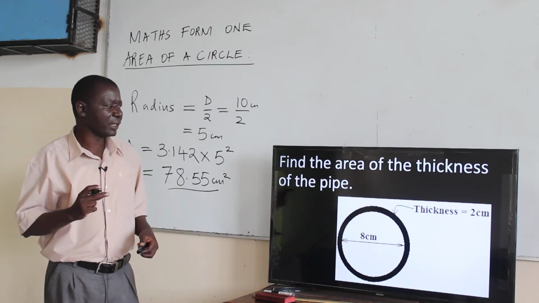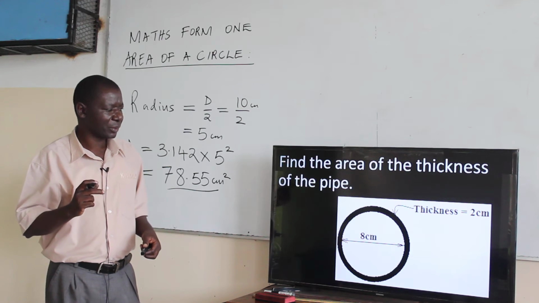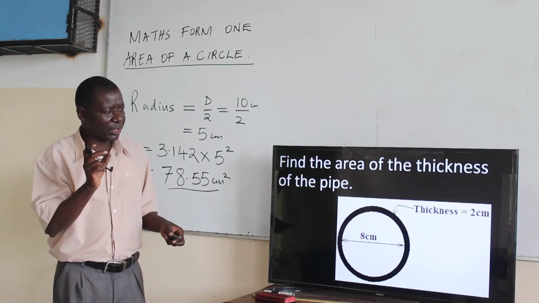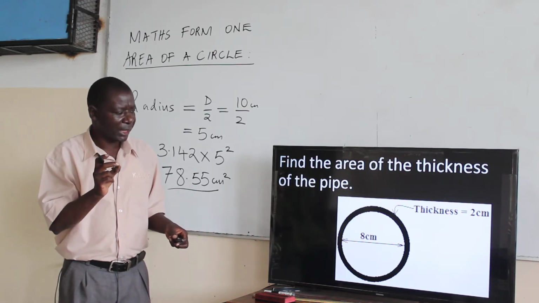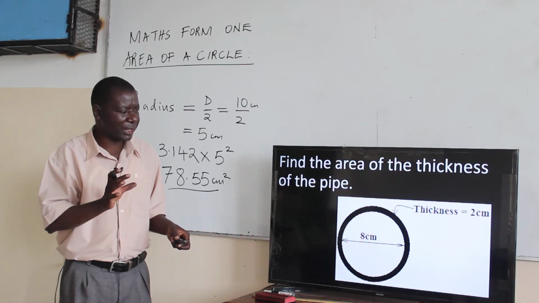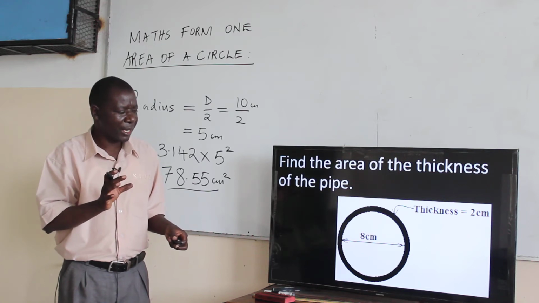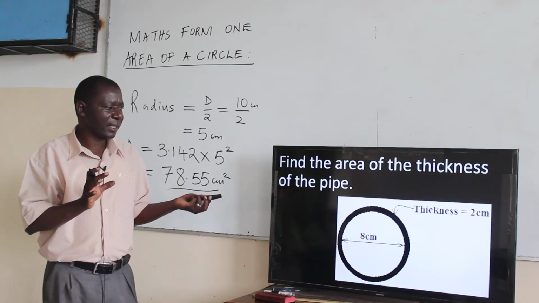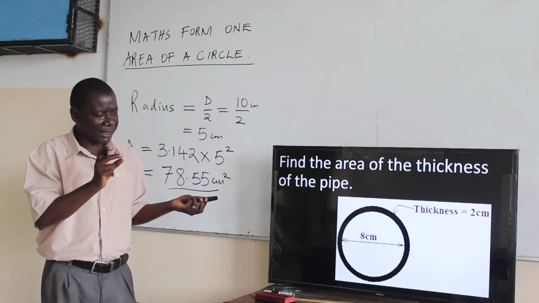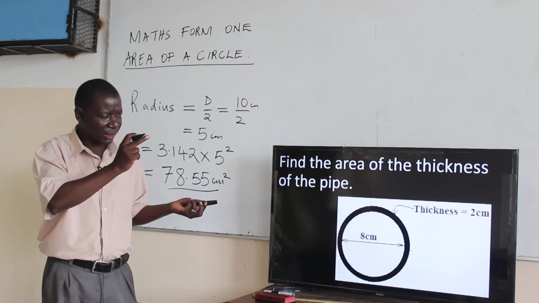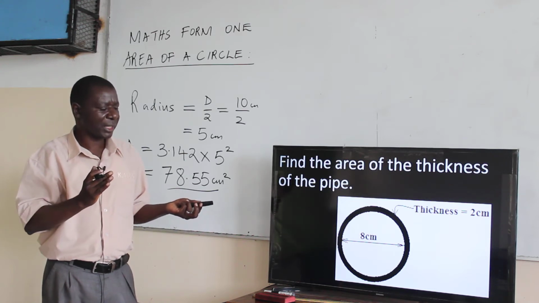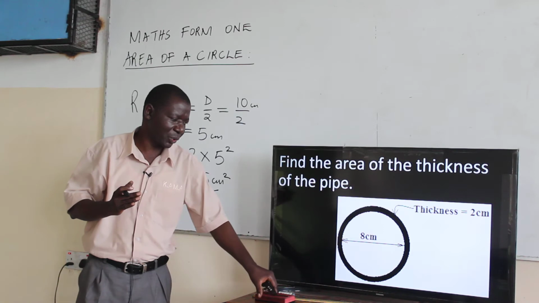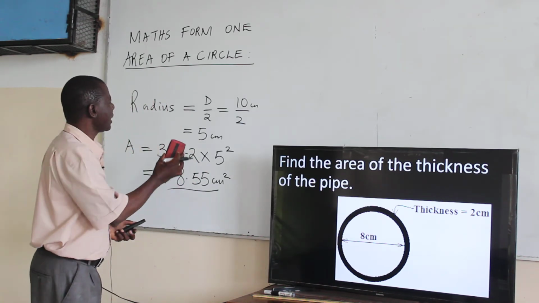Find the area of the thickness of that pipe. So the thickness is only 2 centimeters thick. The inner diameter is 8 centimeters, and we are supposed to find the area of that section which makes the pipe material.